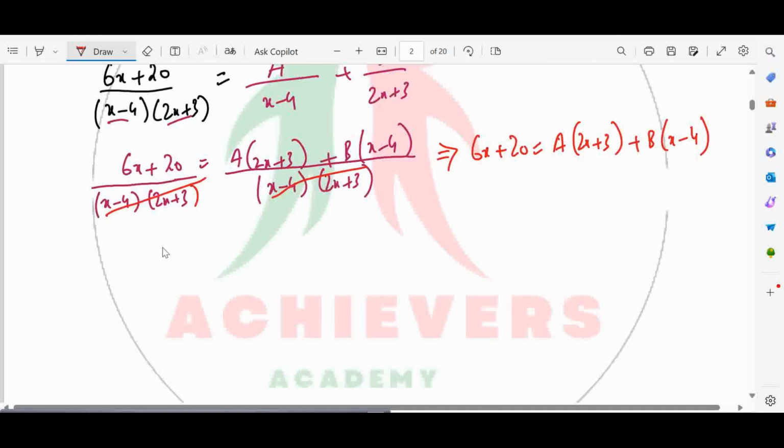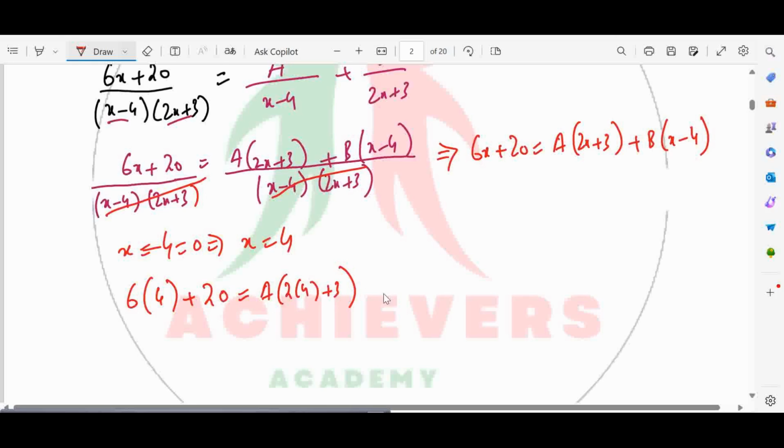So how can we find the values of a and b? Just make x minus 4 equal to 0, which is the simpler way, so x will be equal to 4. If we put x equals 4 on both sides, it will be a into (2 into 4 plus 3) plus b into (4 minus 4).